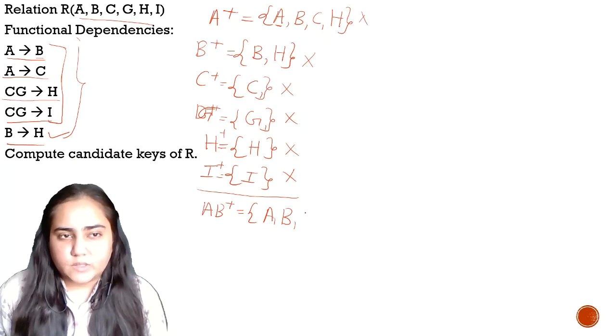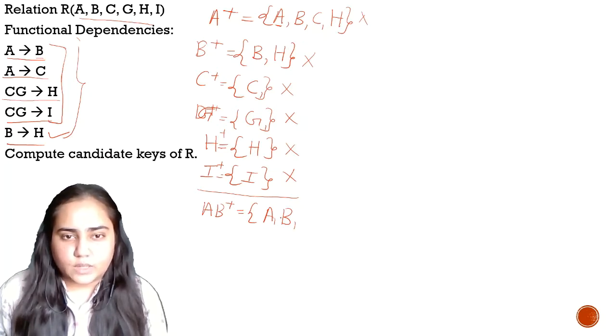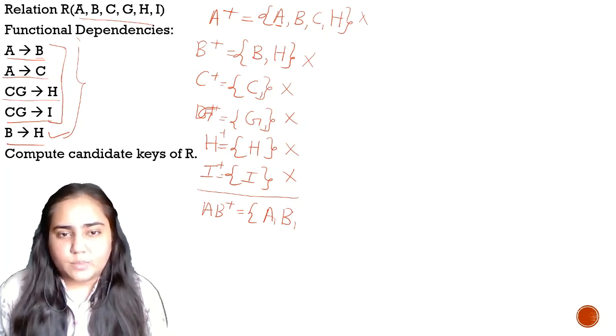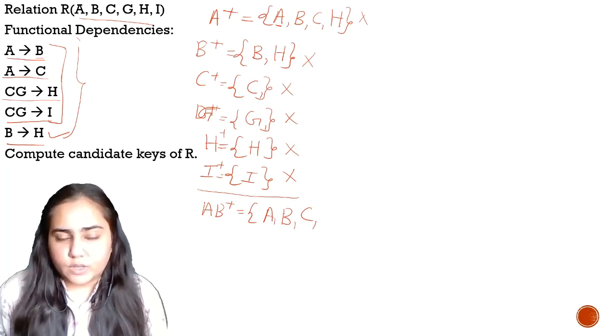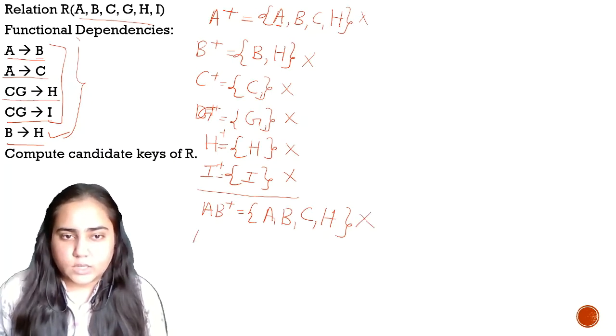Using the first dependency, I can add B, but B is already there. Using the second dependency, I can add C. Third dependency, I cannot because I don't have G. Same is true for fourth. For the fifth one, I can add H because I have B. But once again, I did not get all the attributes, so this is not a candidate key.